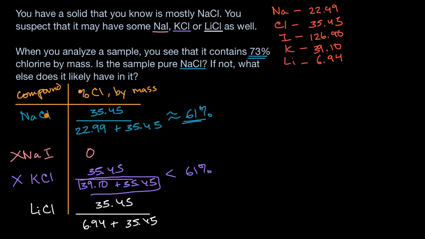So once again, when we compare to sodium chloride, we have the same numerator, but we clearly have a smaller denominator, which means that the whole value is going to be larger. This is going to be greater than 61%.